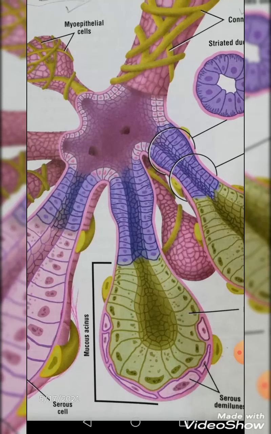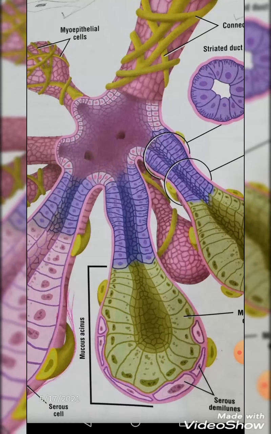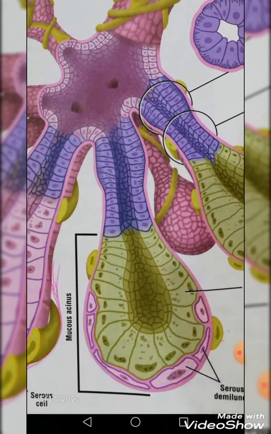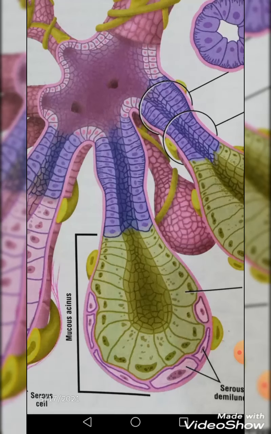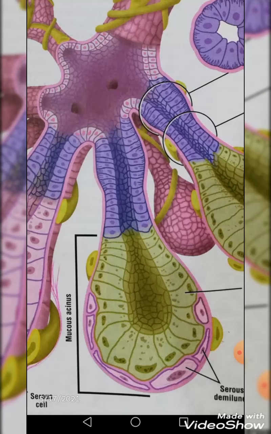Now, you can see that each cell definitely has a nucleus and organelles, and if we talk about the myoepithelial cells, they show the contractile property, right? And what do they do when they contract? They push the secretion produced inside these SNI towards the duct system.